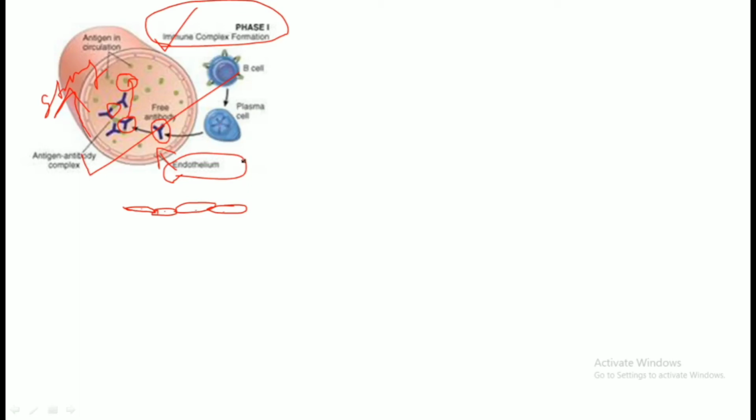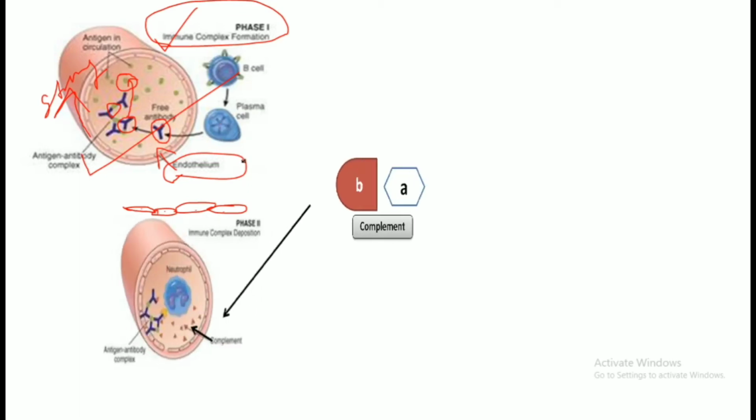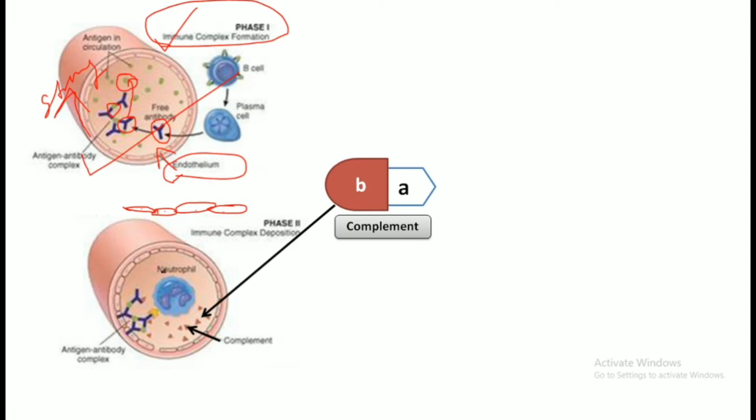Now let's see the second phase. In the second phase you can see the complements will be brought and bound to the antibodies. This activity is also known as complement fixation. The complements dissociate into large and small subunits.